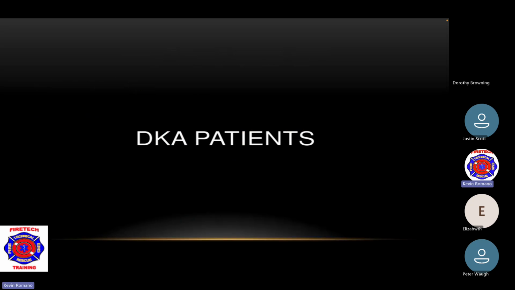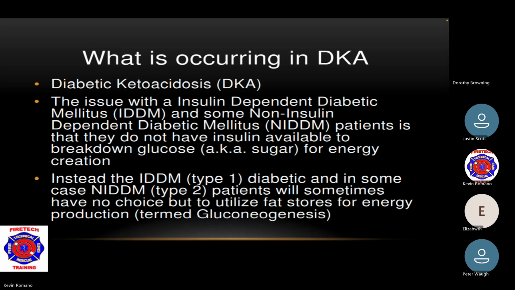All right, so diabetic ketoacidosis, DKA patients. DKA is the issue where the insulin-dependent diabetic, the IDDMs, and some non-insulin-dependent diabetic mellitus, the NIDDM patients, do not have enough insulin available to break down glucose, aka sugar, for energy creation. So the IDDM type 1 diabetics, and some of the NIDDM type 2 patients, will sometimes have no choice but to utilize fat stores for energy production.